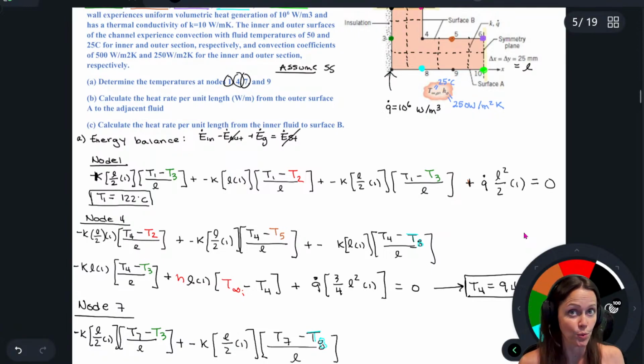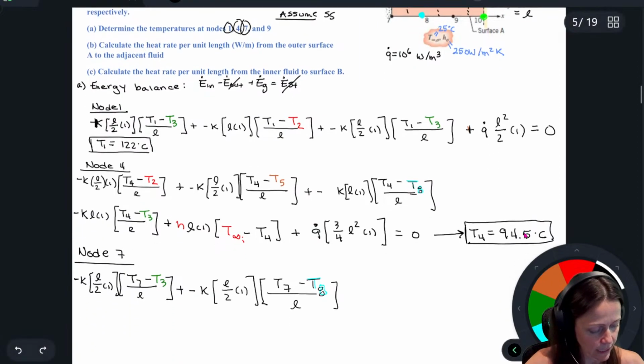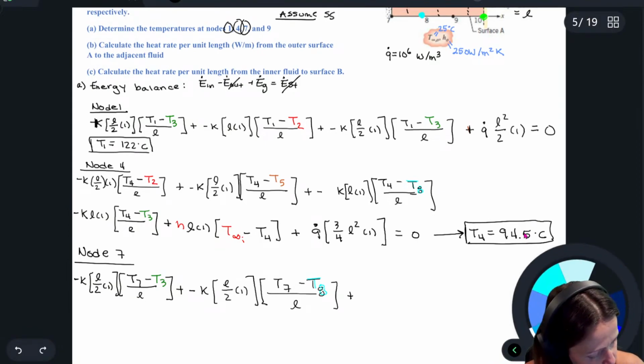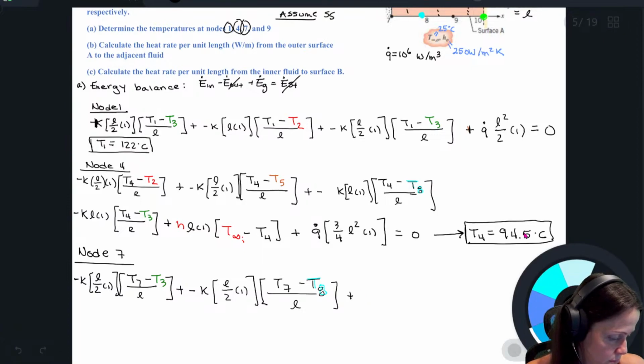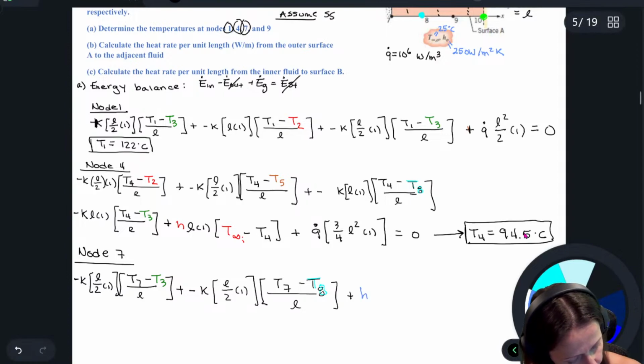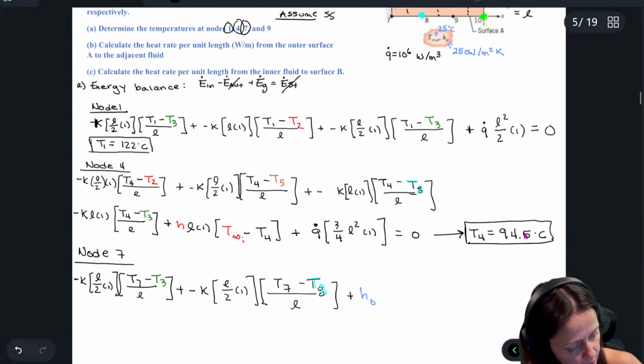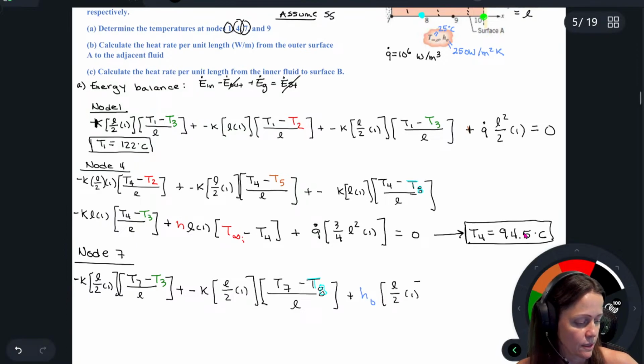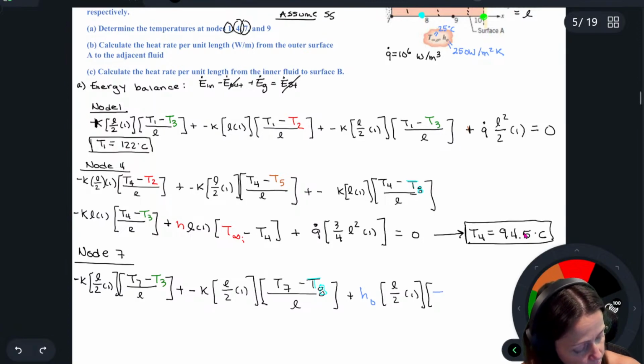But again, that convection is going through a half area. So I have plus an H, and it's the outer one, times the area, which is, again, a half area, so L over 2 times 1, times our T infinity outer minus T7. Whew.